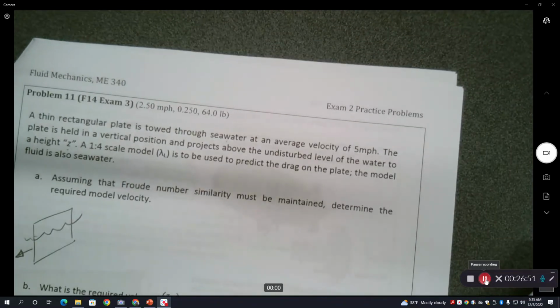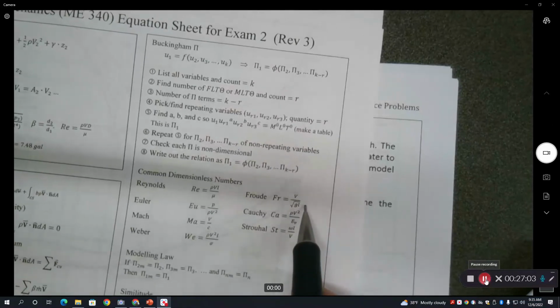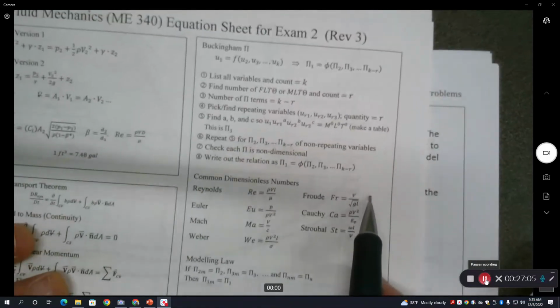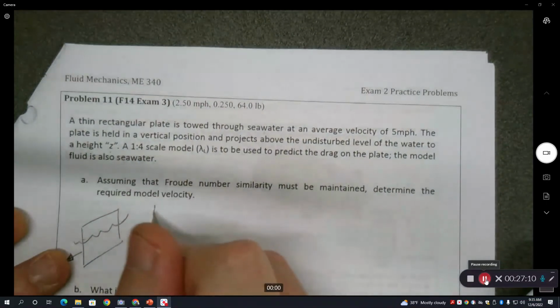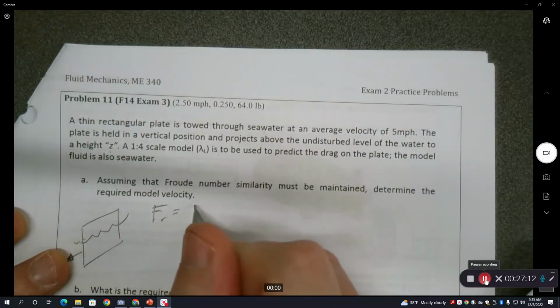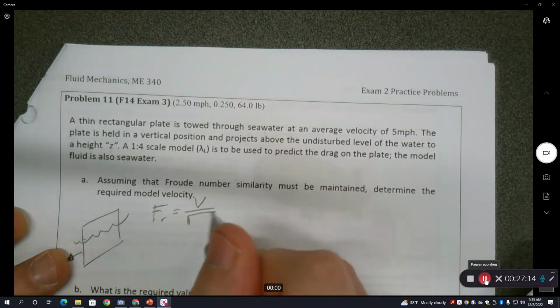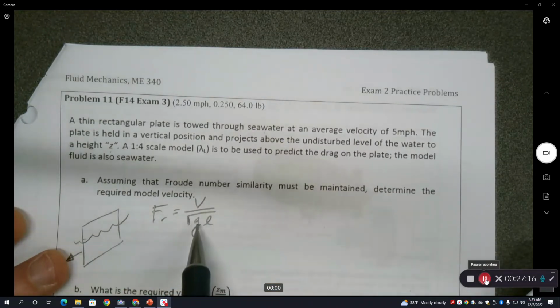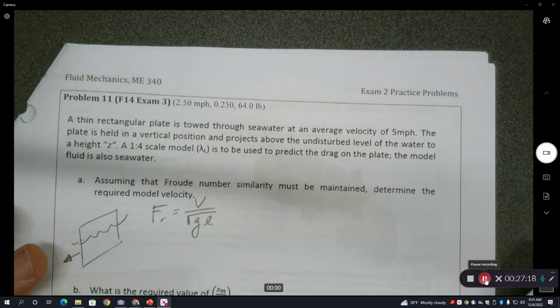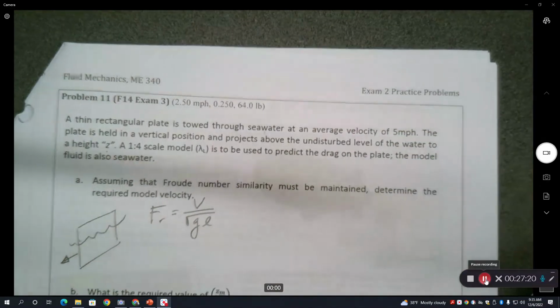So 2.5 miles an hour? 5 miles an hour, 2.5 miles. So assuming that, determine the required velocity. So we go to the Froude number, which we might not remember off the top of our heads. Froude is V over the square root of GL, where L is a characteristic length of the thing.